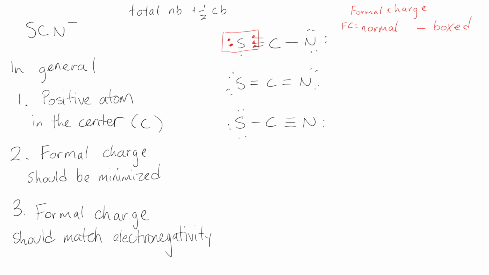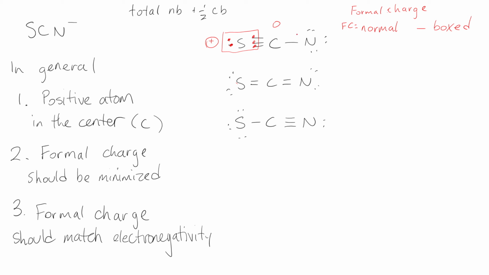And if we look at this sulfur, that'll be 6 valence electrons normally as an element minus 5. So this has a plus charge on the sulfur here. If we calculate it on the carbon, that's 4 minus 4, or a 0 formal charge there.